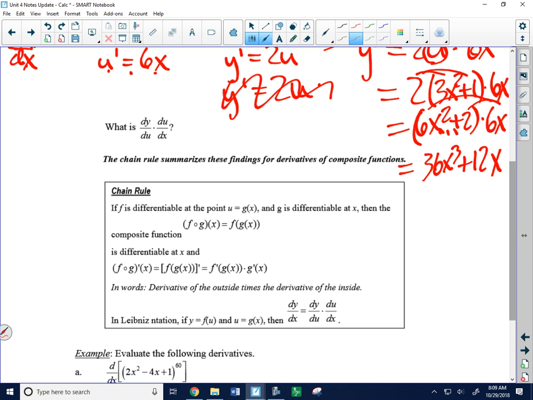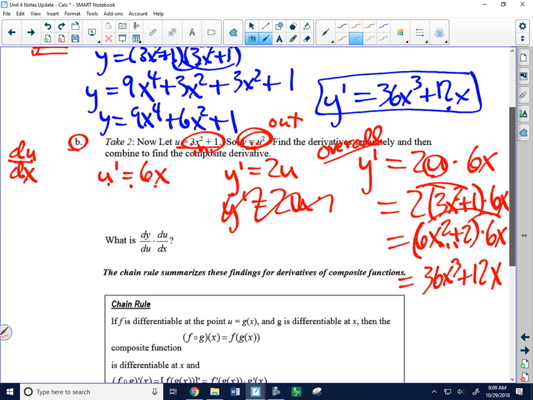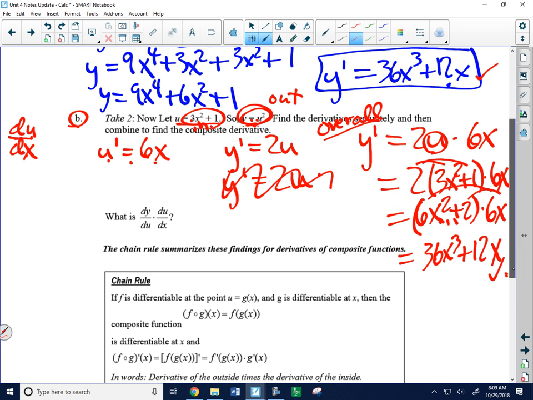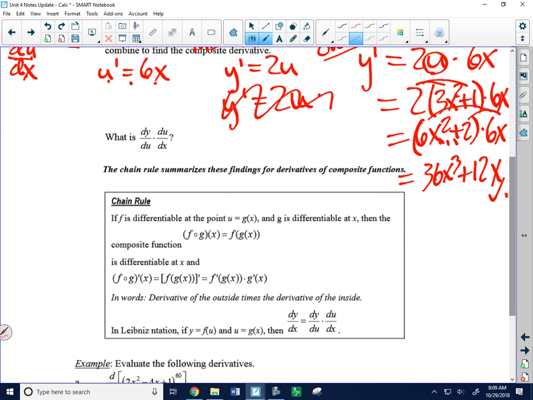I'm going to sum it up below, but the chain rule is what this will be called for the derivative of composition. So again, this is an intro example to show you that we get the same thing for each of these. So this is going to be the way that we do it in the future. So let me outline it for you in this table. Any thoughts on before we do?